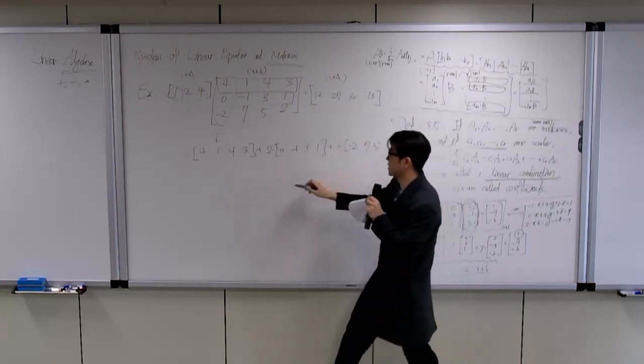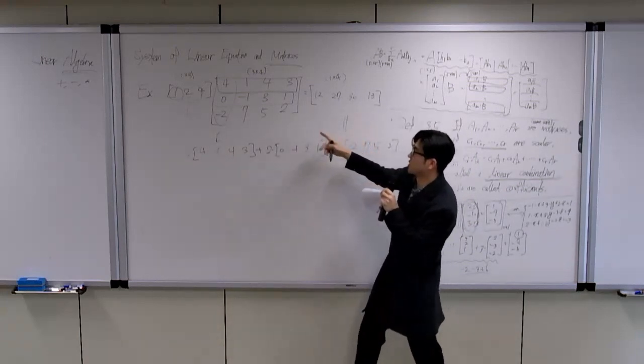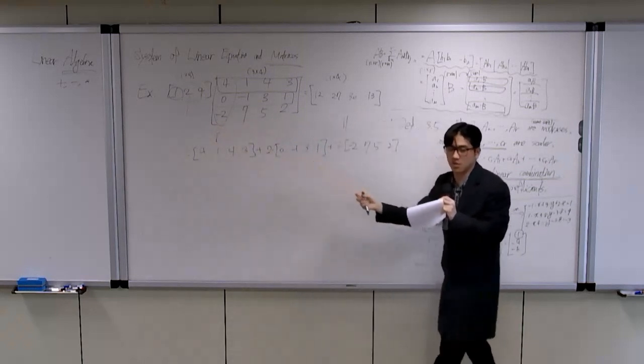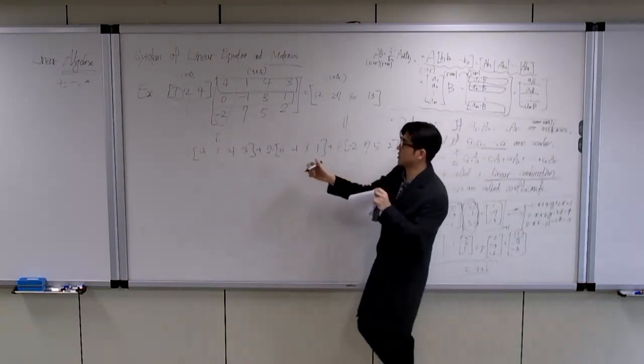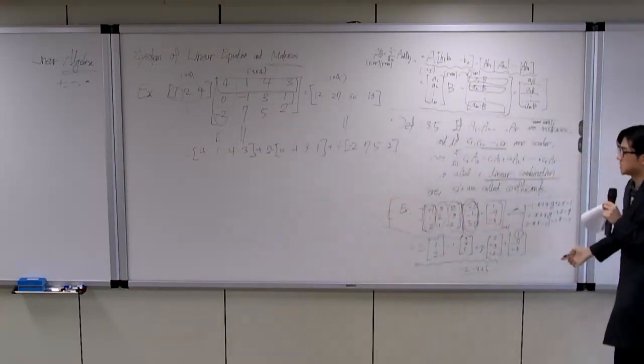And by calculating this, it is the same as this because we do not change any entries. This multiplication is also the same as this.